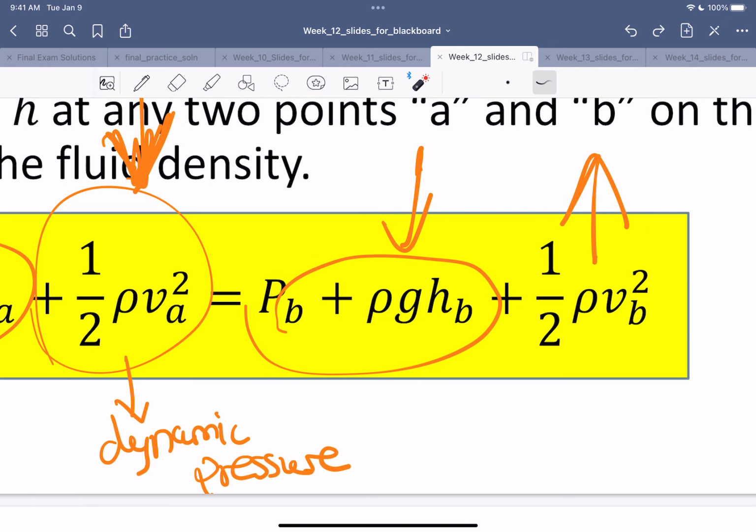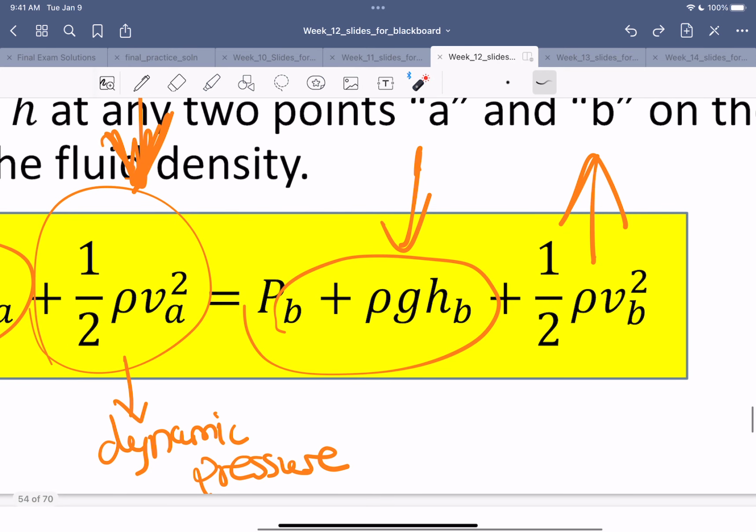If I started off with a static pressure of 6 and a dynamic pressure of 6 for point A, then at point B, where it exerts the least amount of static pressure, that static pressure might drop down to like 2.